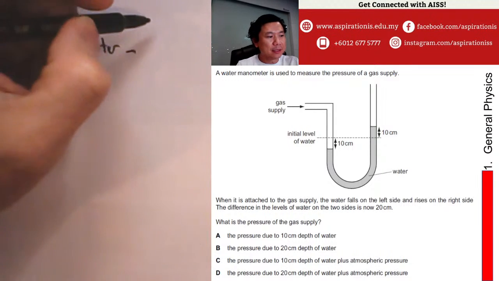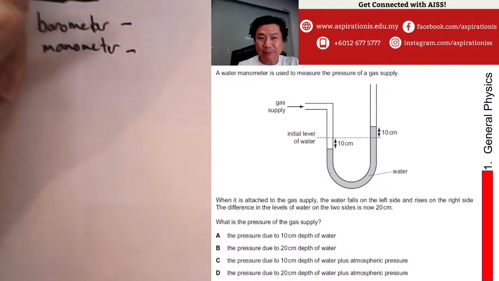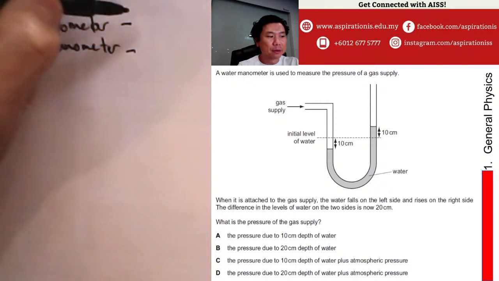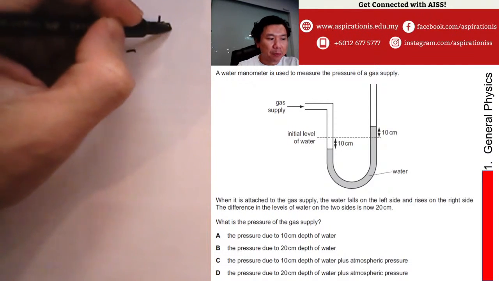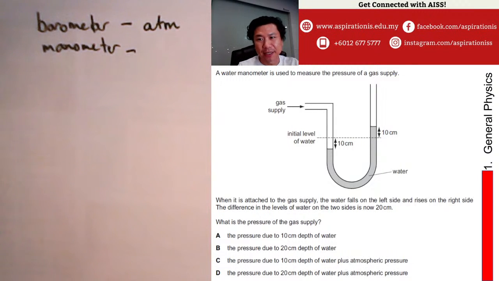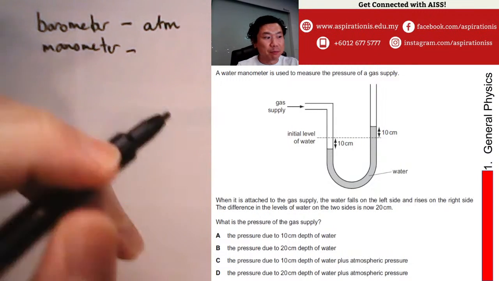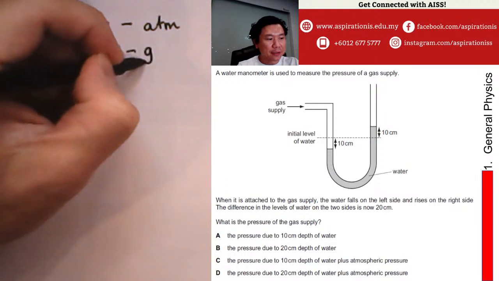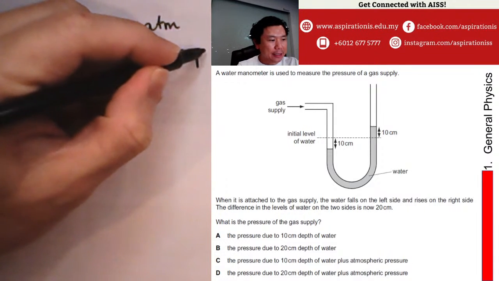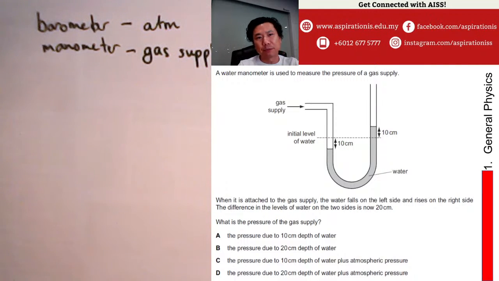Okay, so the barometer is used to measure atmospheric pressure, and the manometer is to measure the pressure of a gas supply, and this gas supply would probably be in a fixed container. Yeah, absolutely right. Okay, let's look at this question here.